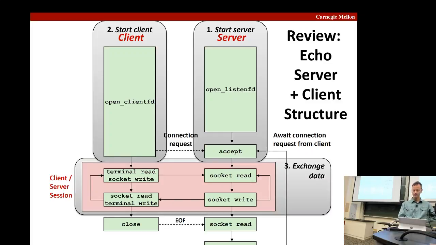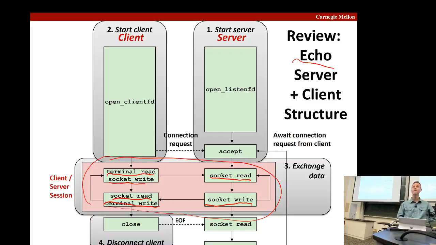And once this connection was established, you have a series of data being exchanged. In this particular case, we were doing the simple echo server. So all you're doing is reading from the terminal and writing to the socket, it shoots it over here, it gets read from the socket on that end, and it just immediately copies it to the socket in the other direction, and it's read and then echoed at the terminal.